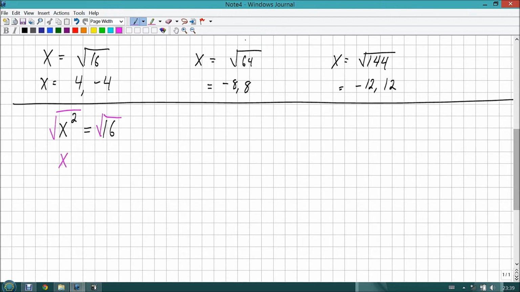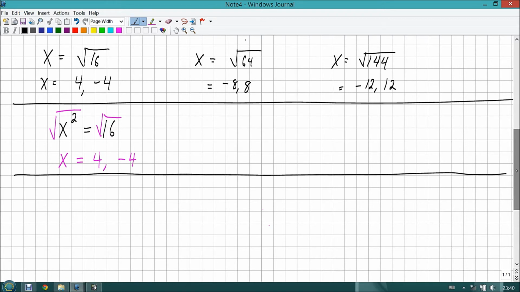But when I do that, I get the square root of 16 is obviously 4. But I have to remember, the square root of 16 could also be negative 4, because negative 4 times negative 4 gives me 16. So when I take the square root of something, I need to have both the positive and the negative versions of it.